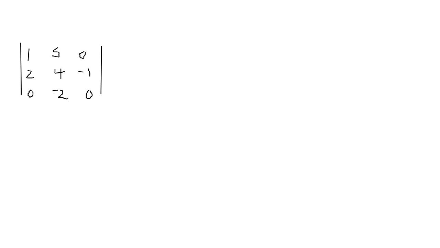Okay, so we expanded along the first row. Why don't we expand along the second column? Okay, let's expand along the second column. Let's do cofactor expansion along the second column.